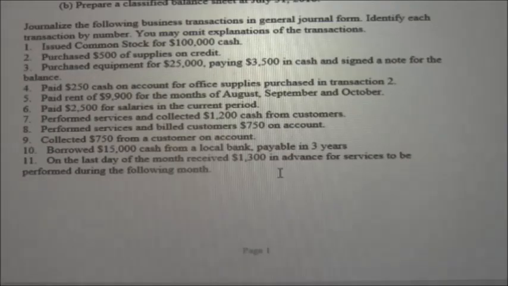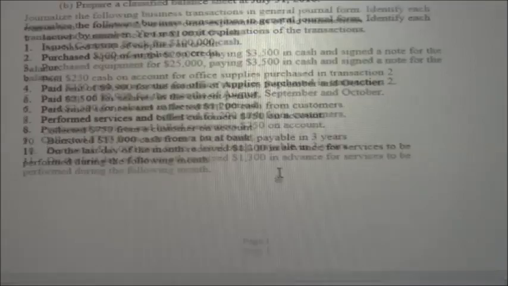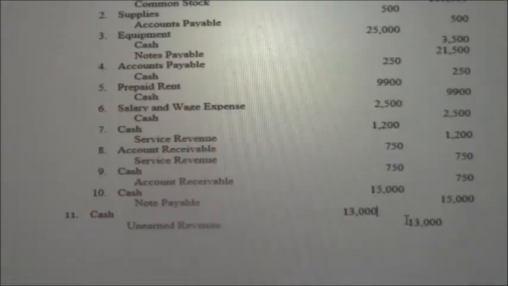So you got $1,300 in advance. I'm going to go down here and change this, guys. Take a 0 off. You got $1,300 in advance, and what we said about doing work and getting paid in advance is unearned revenue. Can't be revenue unless you've done it. And we said unearned revenue was what kind of account? It's a liability account. So every time you receive income in advance, and you haven't performed the work, it's always going to be unearned revenue before you've done it.